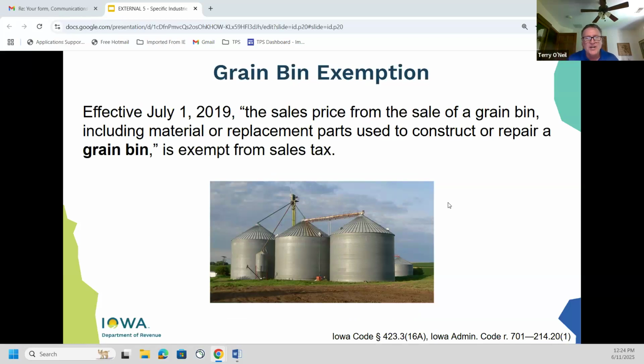Again, you can read up on the applicable Iowa code and the administrative rule on that, but these materials are tax exempt. So what does that mean when you're going to build a grain bin for a farmer? You, the contractor, can buy these materials, not pay sales tax on them, construct the bin for the farmer, and there is no sales tax due from the farmer either, because this would be considered a construction contract or new construction.